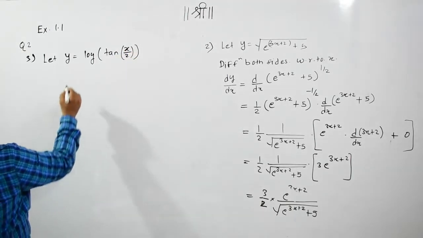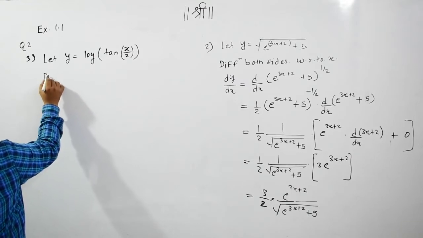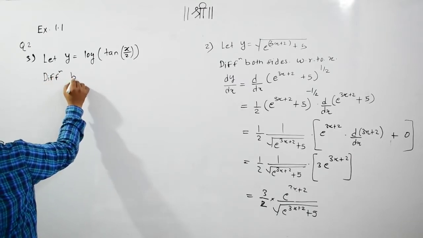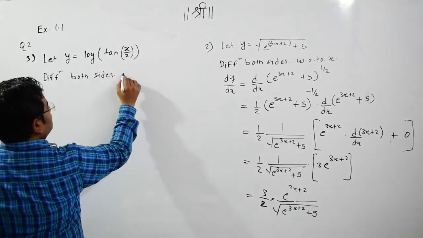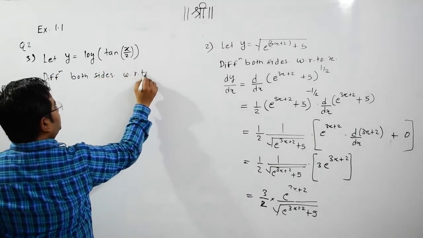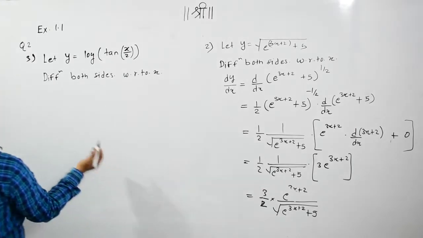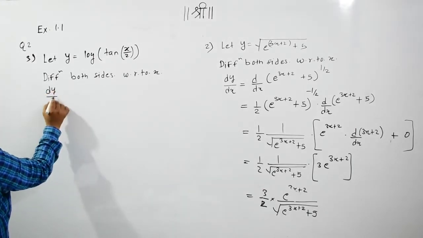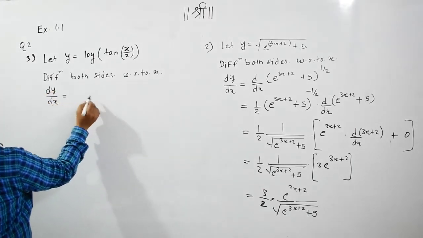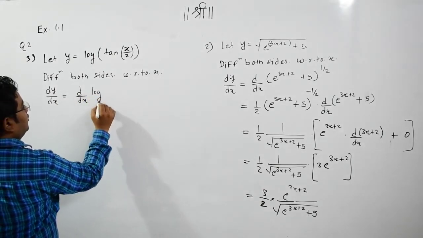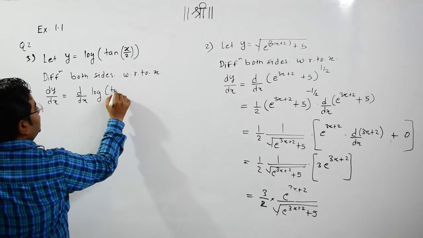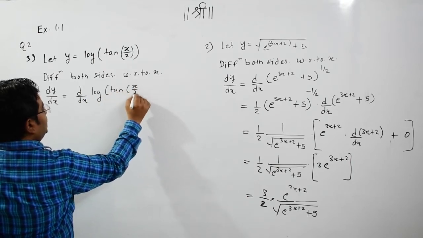Now next step, differentiating both sides with respect to x. What you will get? dy upon dx is equal to d upon dx of log of tan of x by 2.